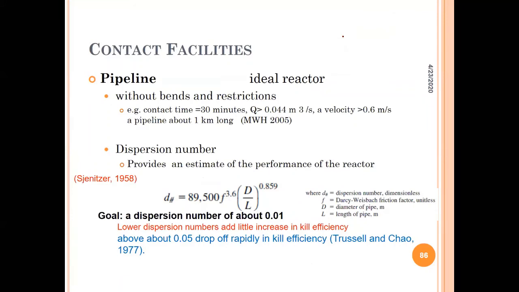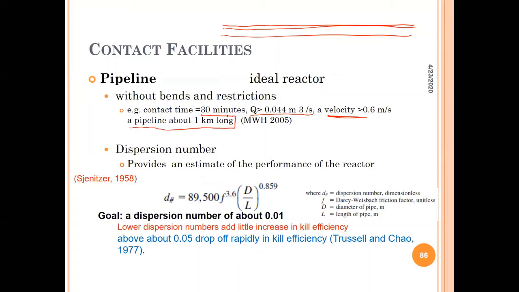Pipeline, as I mentioned to you, is an ideal reactor, and pipeline means a straight pipeline, not bending and with some restrictions, but a straight pipeline without bends. So, for example, if the contact time from here to here is 30 minutes, the flow is 0.044 meter cube per second, with a velocity of greater than 0.6 meter per second, a pipeline 1 kilometer long is required for disinfection.